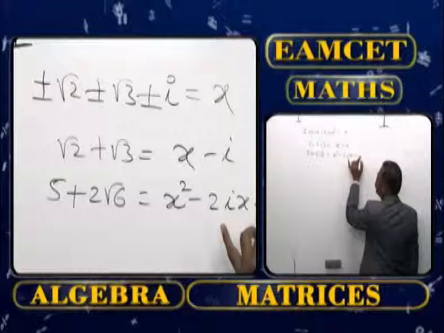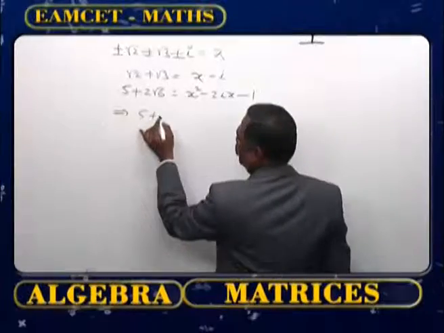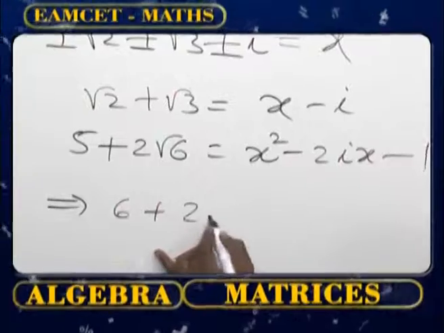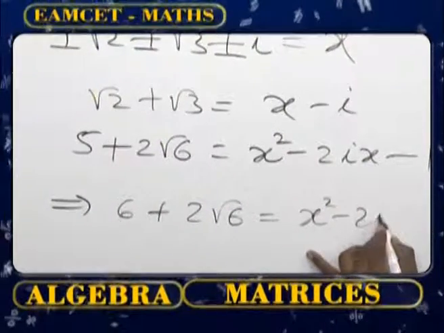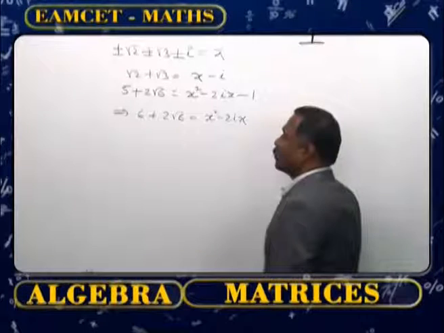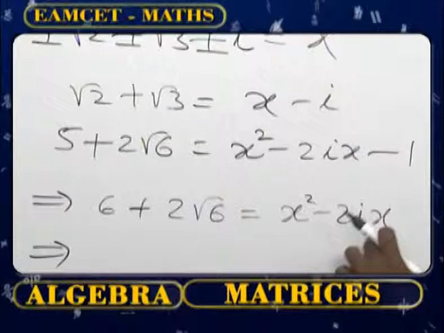i square is nothing but minus 1. So, what happens here? It is 6 plus 2 root 6 is equal to x square minus 2ix. Then you have to square it to remove this i.